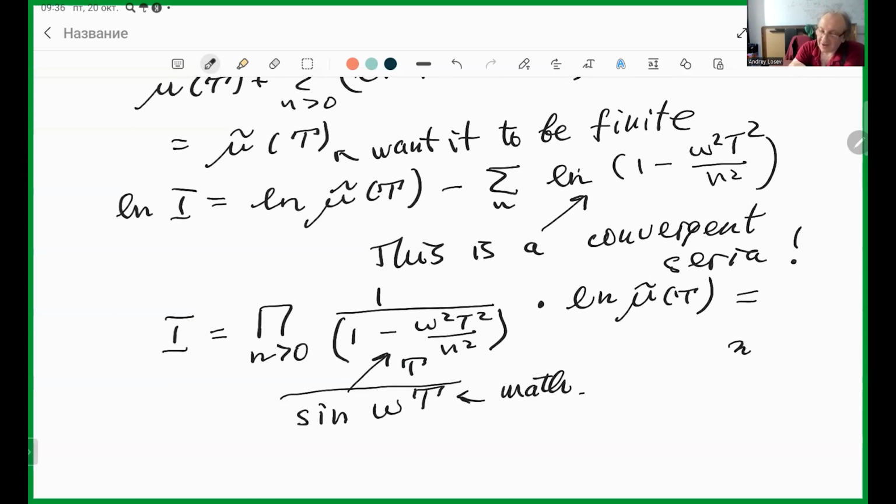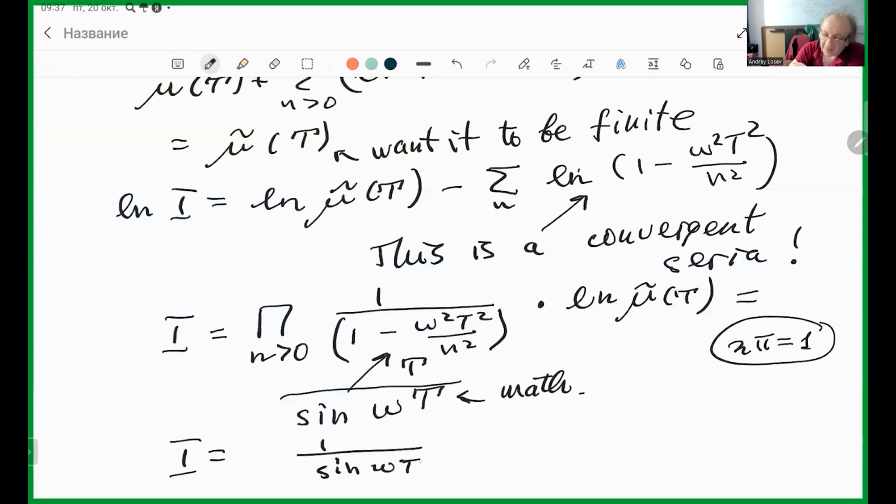Okay. I say that 2 pi is like 1. I just don't want to take it into account. So this is mathematics. Now, the integral is 1 over sine omega t, and here I have t times mu tilde of t.